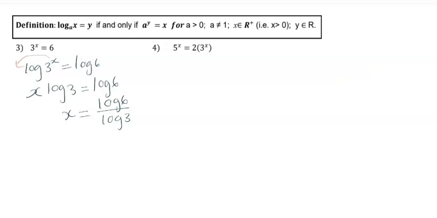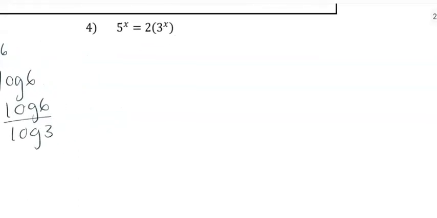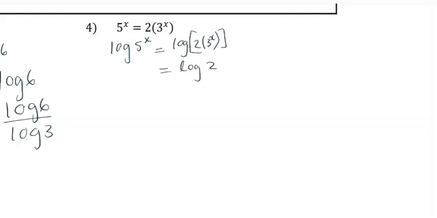Let us look at number 4 there. I have 5 to the x equal to 2 times 3 to the x. I want to solve that. So I can first take logs both sides, and log on the right hand side. I can use my sum rule and I can write the left hand side as x log 5.